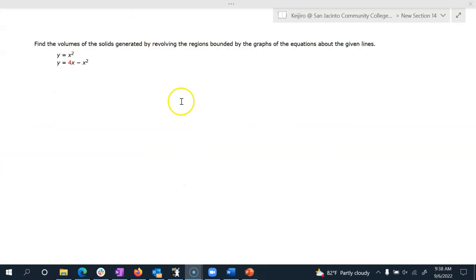All right, so first I am going to, expertly draw these curves. Well, if you factor an x, that's going to be 4 minus x, so 0 and 4. Okay.